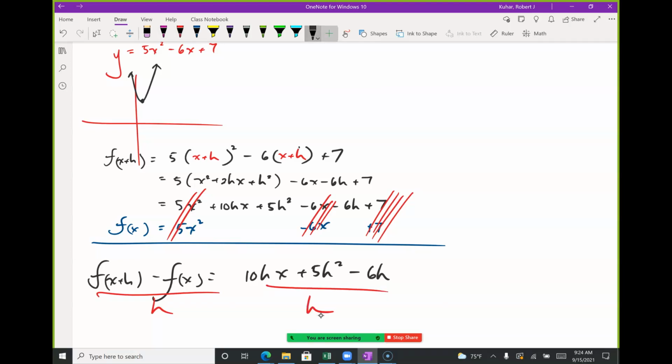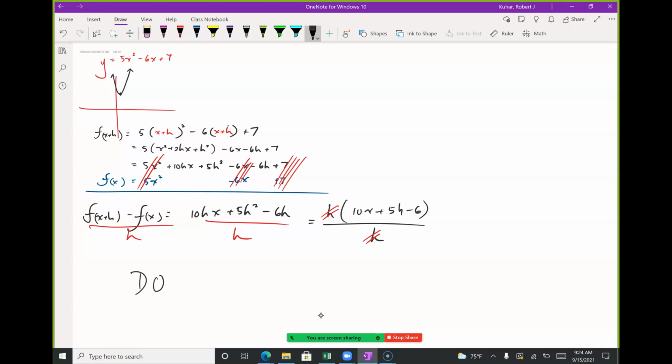Whenever I'm doing polynomials, I'm going to have to factor. And that's when the magic should happen. That extra factor of h in the numerator will cancel. So now it's safe for me to let h go to 0.